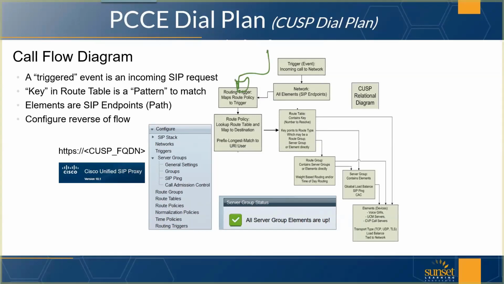What do I want to do with numbers of this nature? Depending on the trigger, I could have different route policies, etc. Those route policies go to a route table, and from that route table, I could direct calls directly to an endpoint or direct them through some server group or some route group.